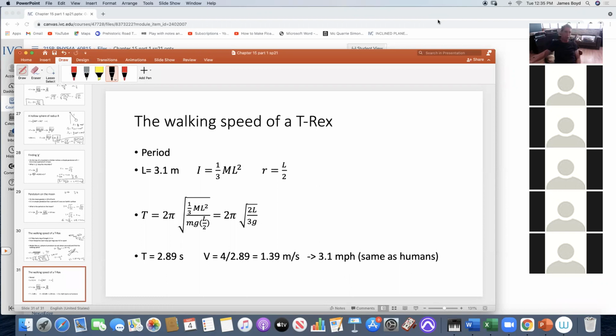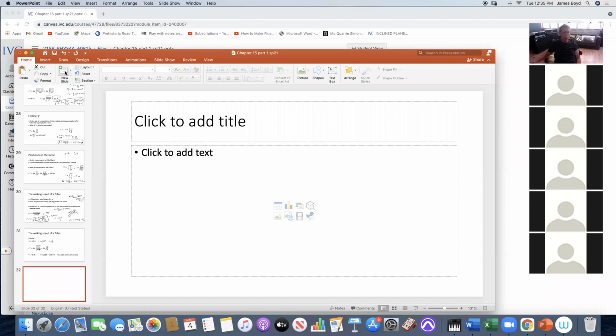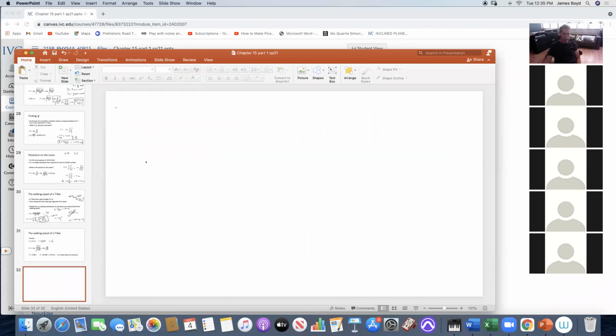So make sure that you do this, since I have 5 more minutes before I got to take a break and go get my son. So make sure you use this instead of my stupid notes. So mad at myself. x(t) = x naught cos omega t. Omega is the square root of k over m.